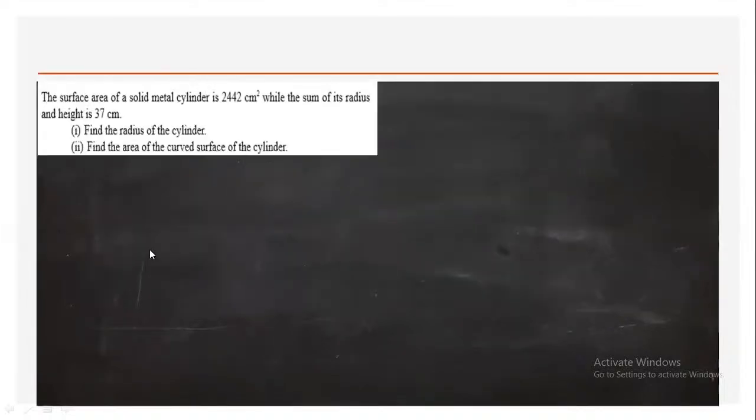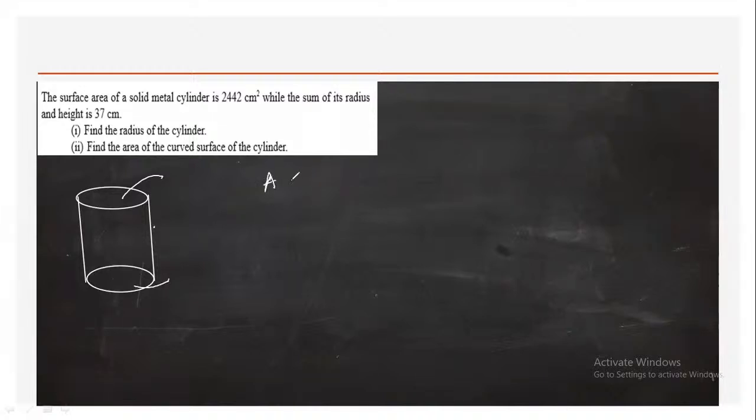The surface area of a solid metal cylinder is 2442 square centimeter, while the sum of its radius and height is 37 centimeter. It means we can draw the cylinder like this. Then what they are saying, let's mark the values given here. Total surface area means these two circular portions and this all together.